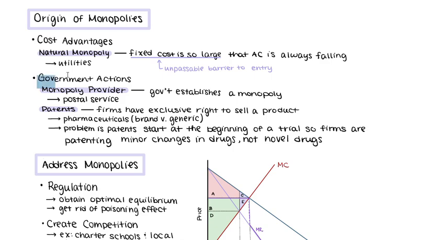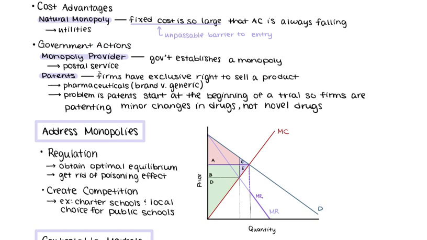Or monopolies can come from government actions. The government can be a monopoly provider, so the government establishes a monopoly like postal services. And there are patents, which give firms exclusive rights to sell products.